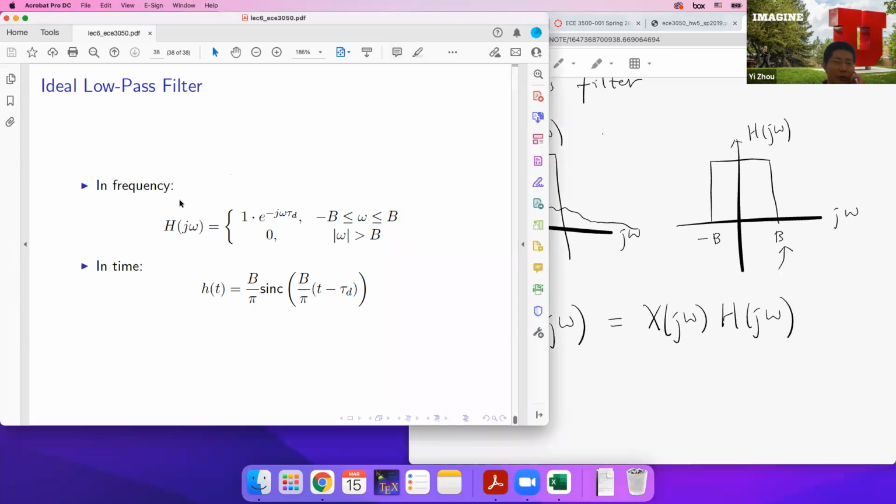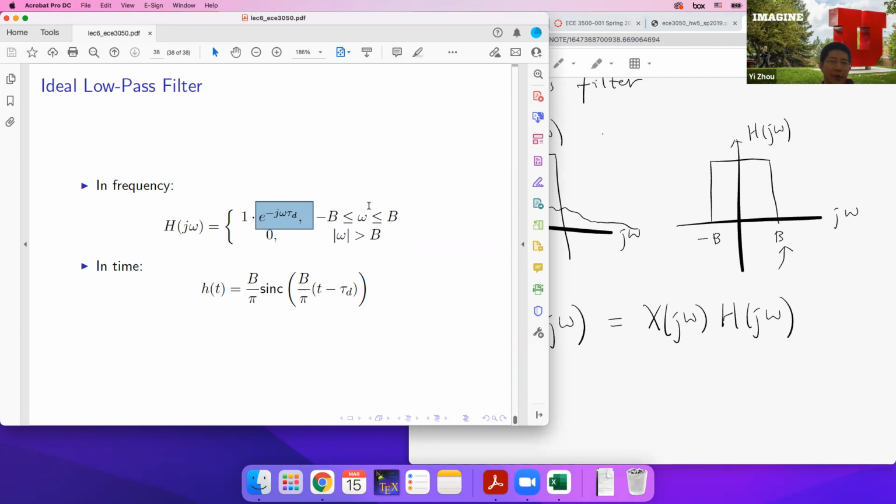And this is the most general form for an ideal low-pass filter. Within this band, the filter is 1 times a standard phase part, because this phase part will not affect the magnitude response, right?